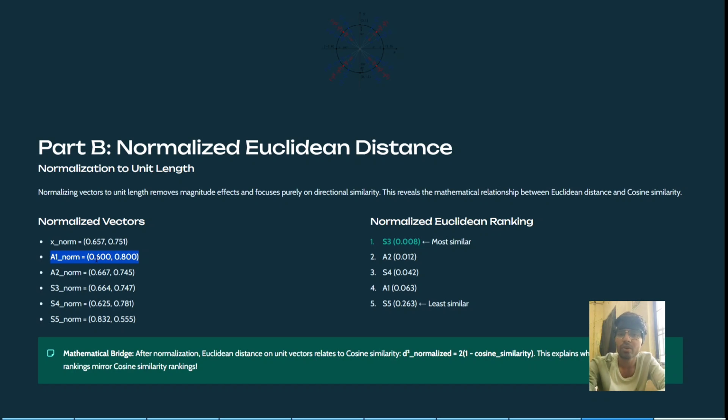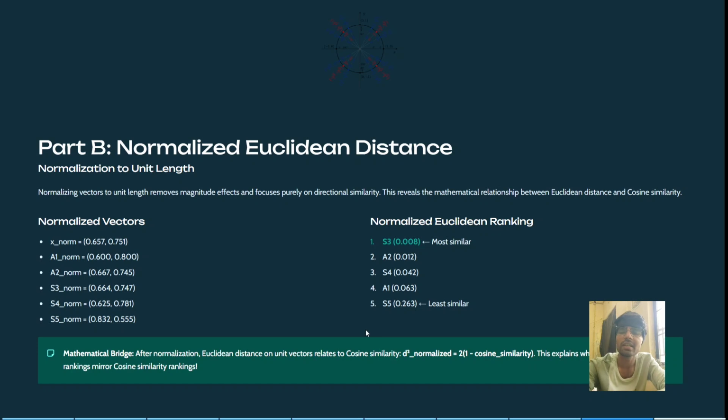Now when we compute Euclidean distance on these normalized vectors, the distance to S3 is 0.008, the most similar. The distance to S2 is 0.012, the distance to S4 is 0.042, the distance to S1 is 0.063, and the distance to S5 is 0.263.